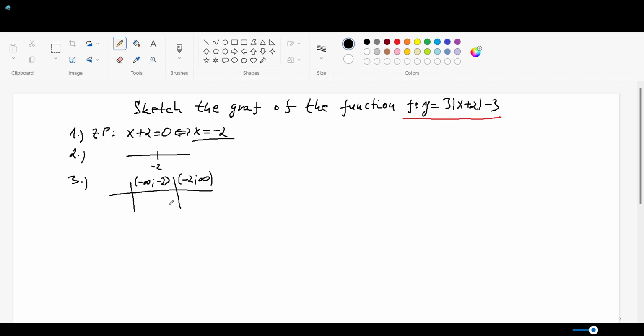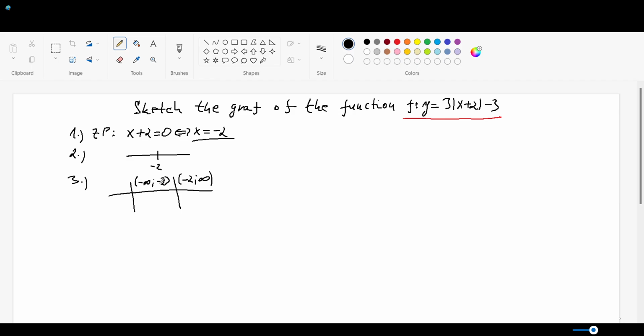infinity. You asked me during the lesson why is it so that in the first interval the number negative 2 is included and in the second interval it is not. It's just because you want to have the number negative 2 in one of them, and it really doesn't matter if you include negative 2 into the first interval or into the second interval.